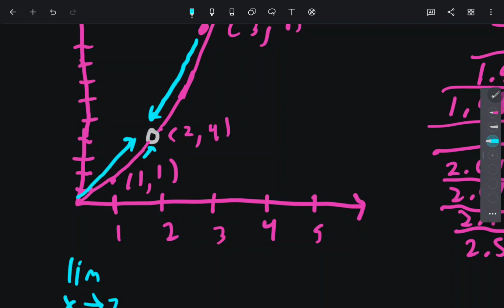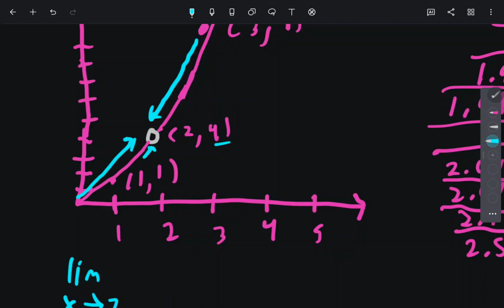And what if we get even closer, 1.9999? Well, it's equal to 3.9996. And as we can see, it's going to approach this value of 4 from the left.